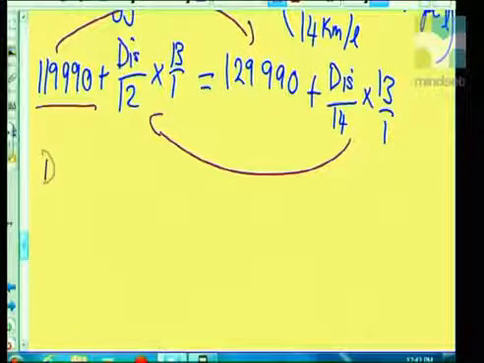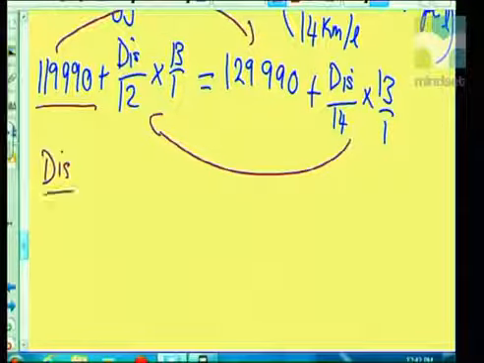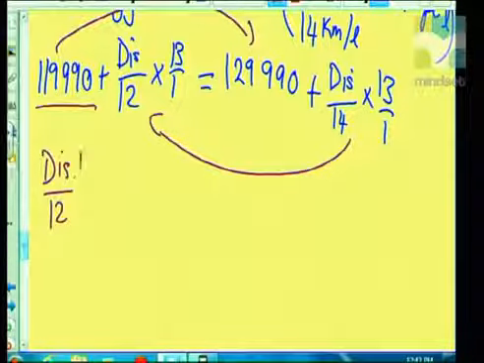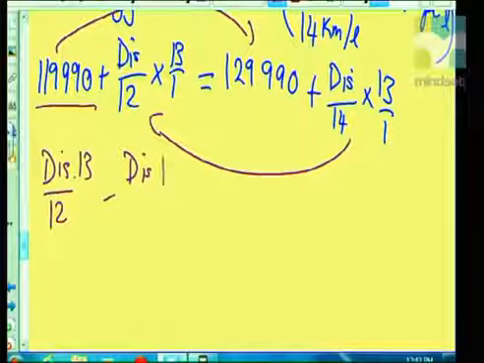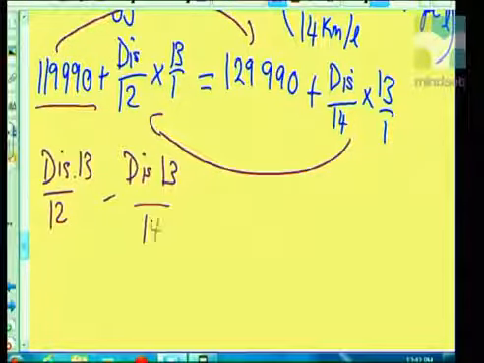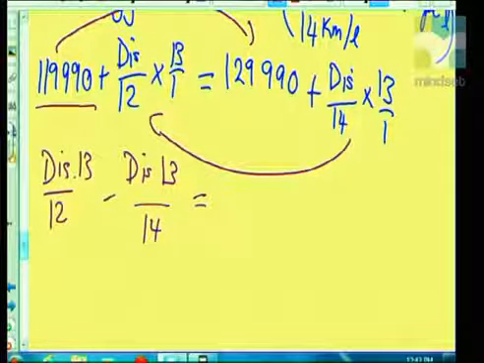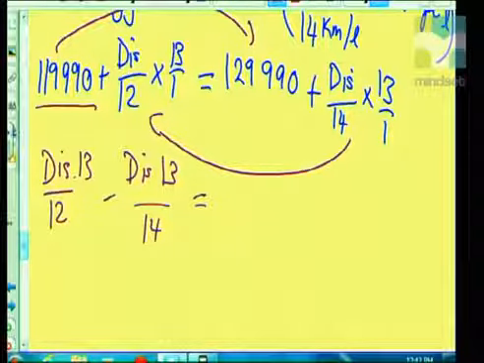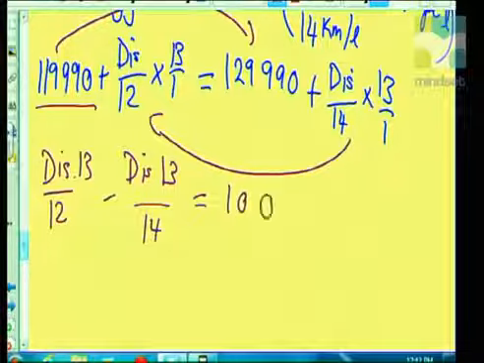I'll get distance over 12 times 13 minus the distance times 13 over 14 is equal to 129,990 minus 119,990, and that gives me 10,000.